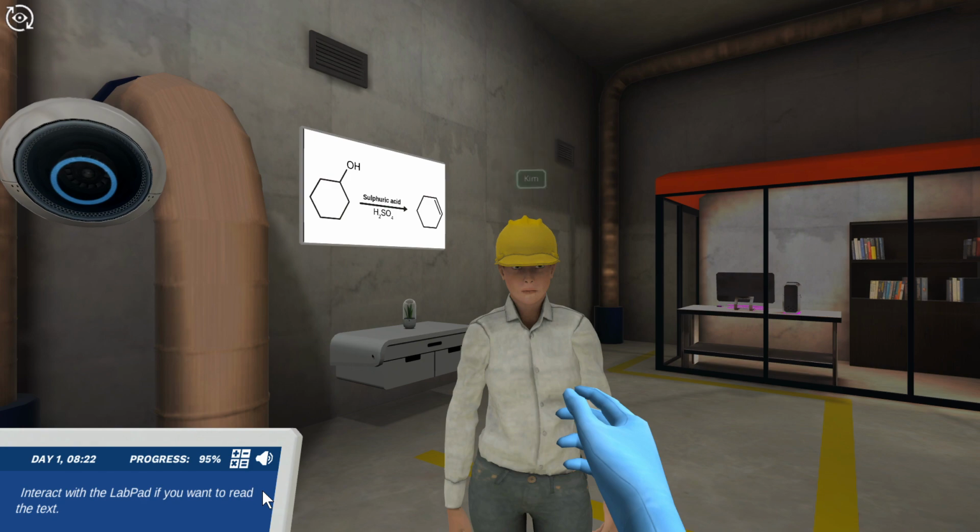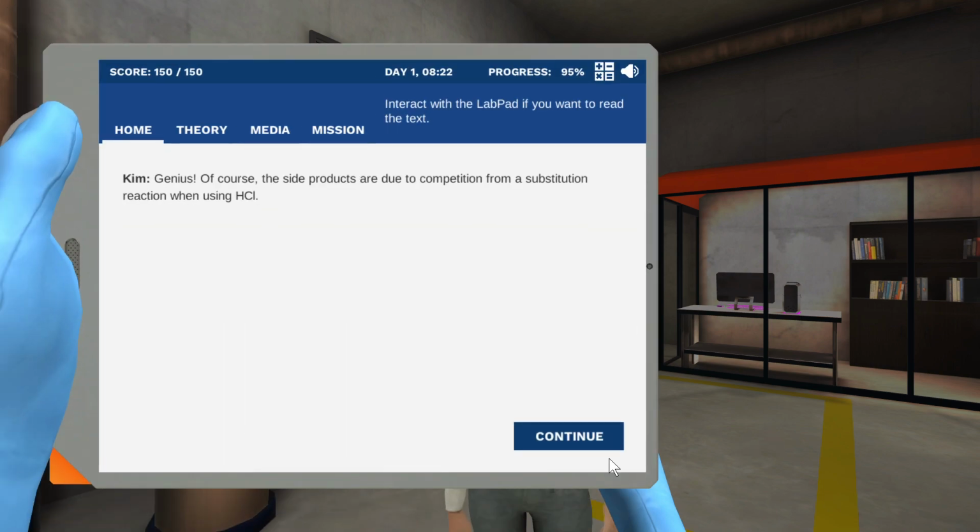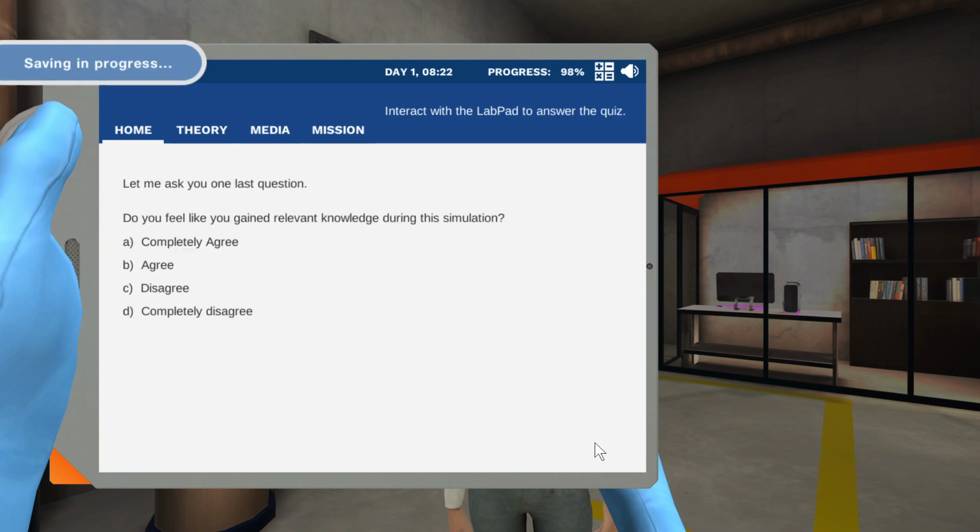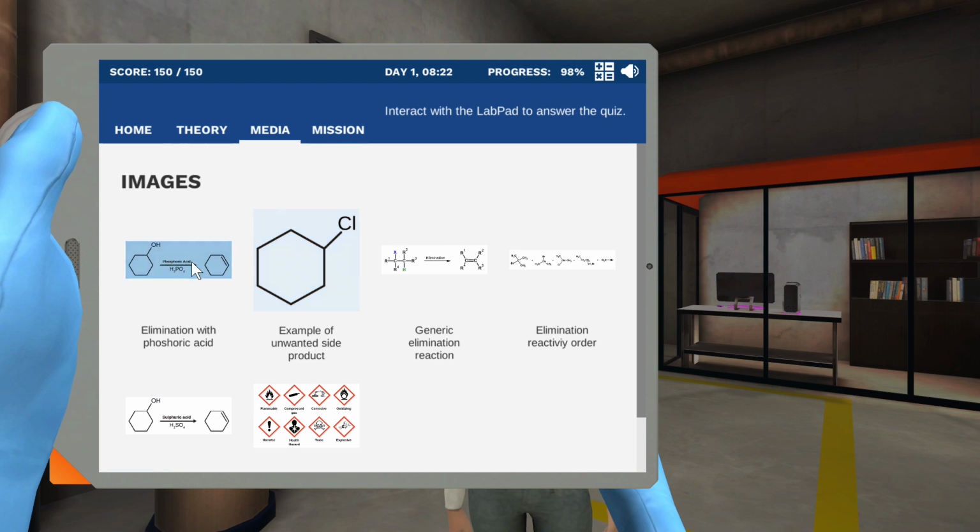Genius. Of course, the side products are due to competition from a substitution reaction using sulfuric acid. Let me ask you one last question. Do you feel like you gained relevant knowledge during this simulation?